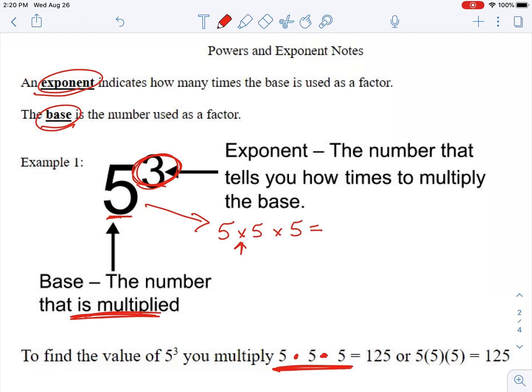The reason we want to get away from the x as our times sign is because when we get into algebra, x can also be a variable. So it could be confusing. Does that mean for me to multiply, or does that mean a variable? So that's why we're going to start using 5 times 5 times 5 with the dots. Okay?